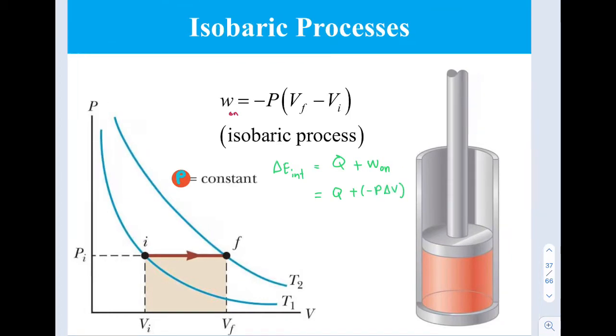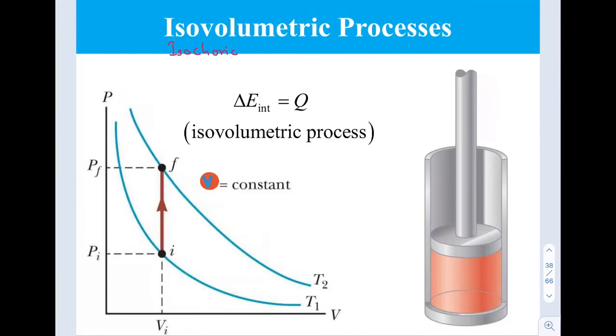Now isovolumetric processes. Isovolumetric means that the volume remains the same throughout the process. Another name for it is isochoric. How do we make the volume remain the same? Technically, we can clamp the piston so that it cannot move, so we keep the same volume.